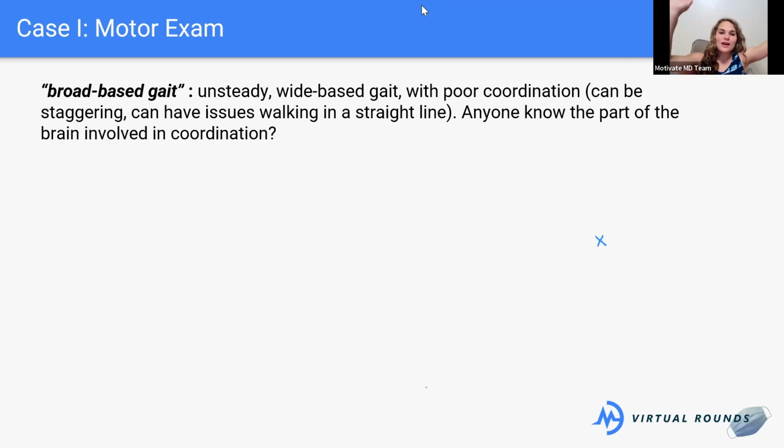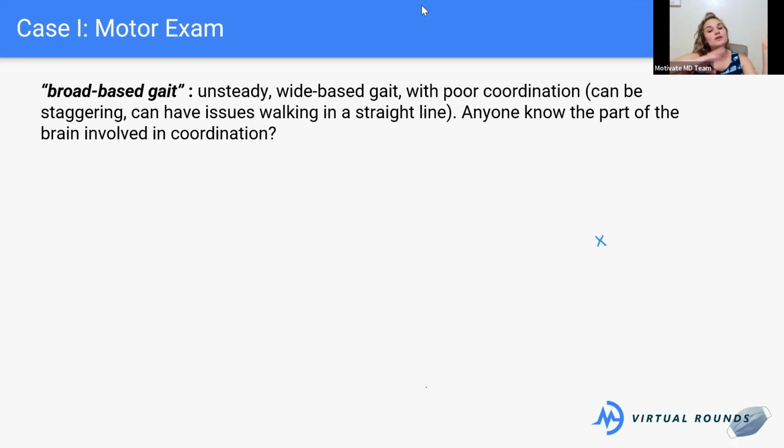Yes, cerebellum, great, woohoo, yes. And along with the cerebellum could be a basal ganglia issue, absolutely, yes. So really, the entire brain itself plays a role in movement and coordination. When you want to do a motor task, when you're telling yourself, I want to pick up this glass of water and drink it, your brain tells yourself to do it. It goes to the basal ganglia. The basal ganglia sends inputs to the rest of the body, like the cerebellum, which is also down to your spinal cord, to all your muscles.